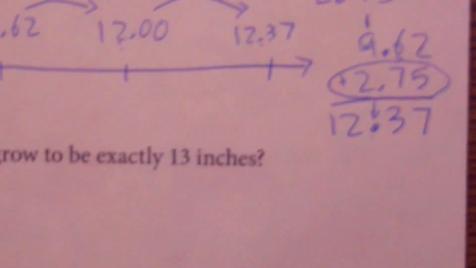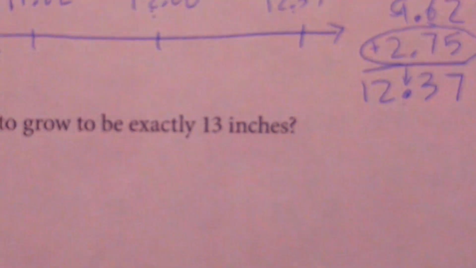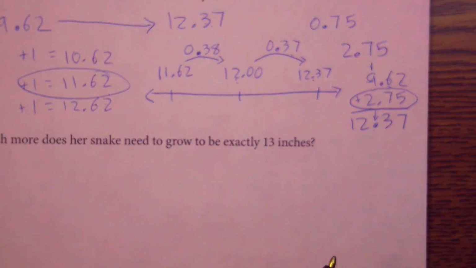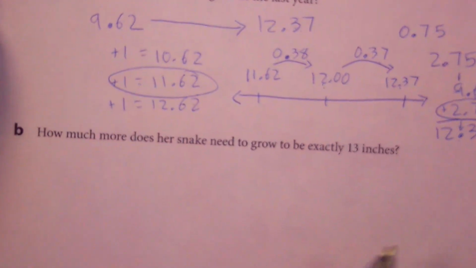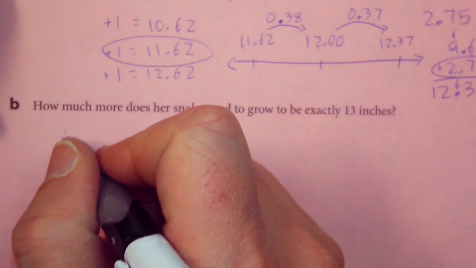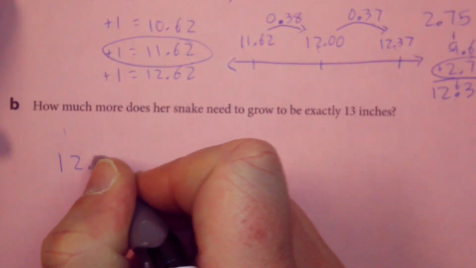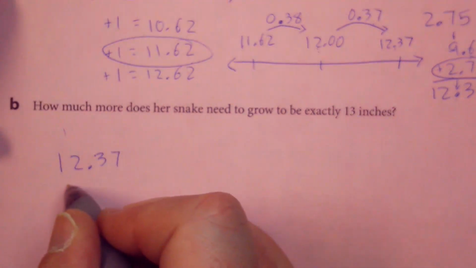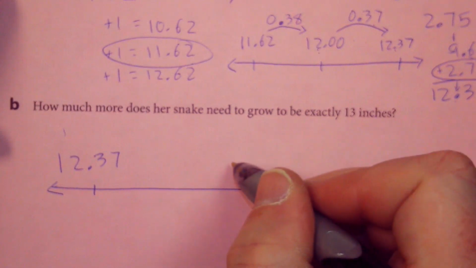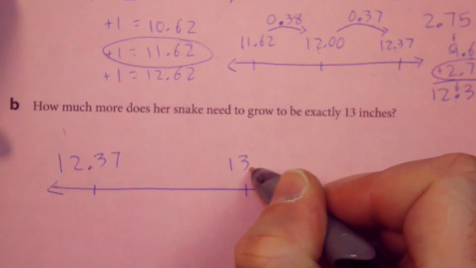Now, let's have some fun. The next question, if I can get this camera to focus, it says, how much more does her snake need to grow to be exactly 13 inches? So we're at 12.37. We're trying to get it to an even 13 inches long.